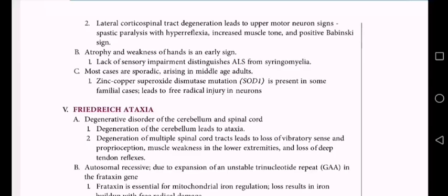Most cases are sporadic, arising in middle-aged adults. And zinc copper superoxide dismutase mutation, which is SOD1, is present in some familial cases but leads to free radical injury in neurons. So that's all for today.